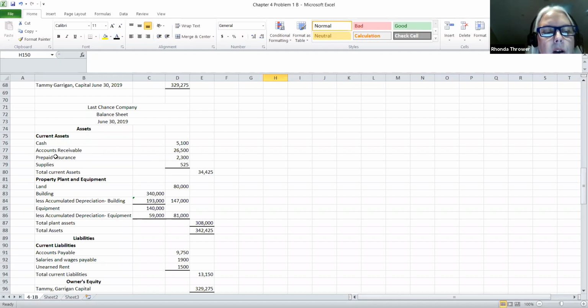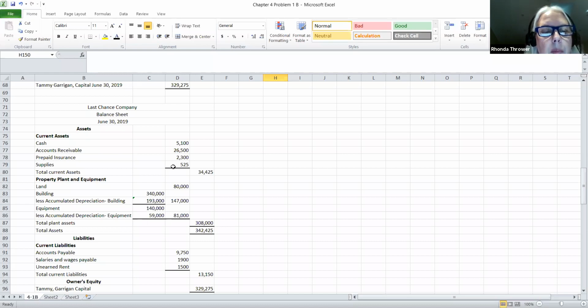Your prepaid accounts are also current assets, and that's because we expect to use up our prepaid accounts within a year. So if we're going to use an asset within a year, or we're going to convert it to cash within a year, it is considered to be a current asset.